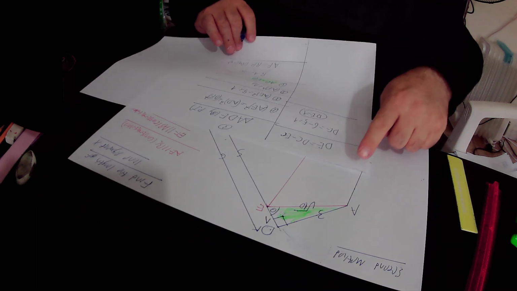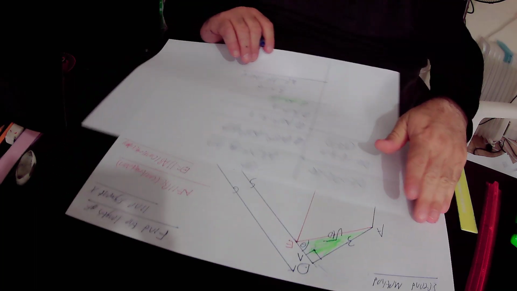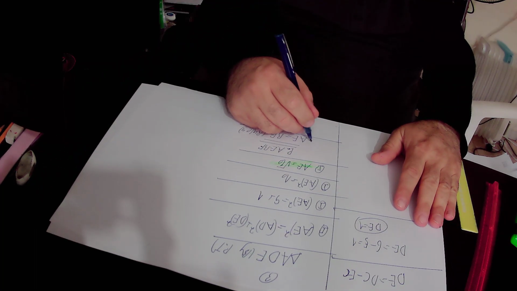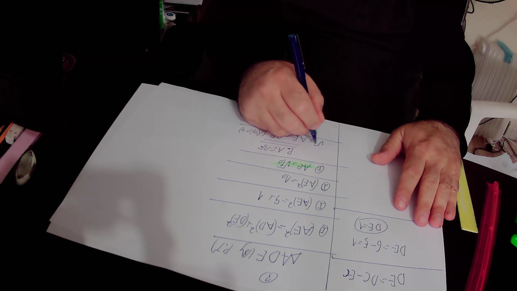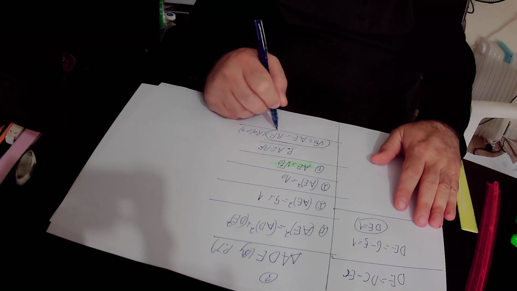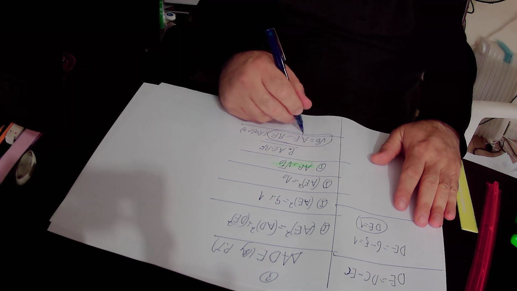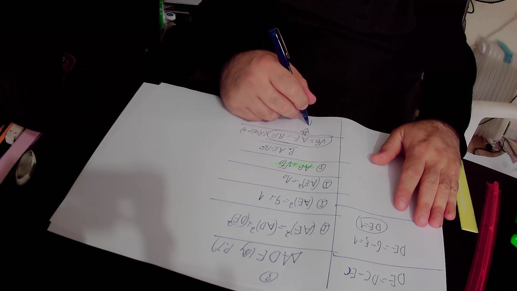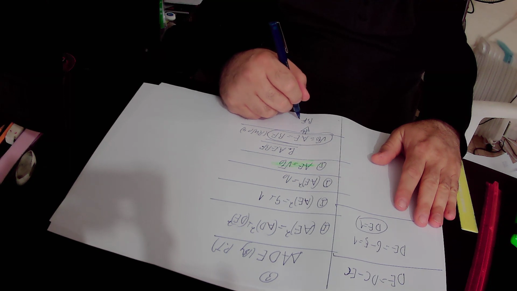But we have already found out that A equals the square root of 10 units. So we can write here that A equals the square root of 10 units. And from this equation, the square root of 10 units equals A equals BF, we derive that BF is also equal to the square root of 10 units.